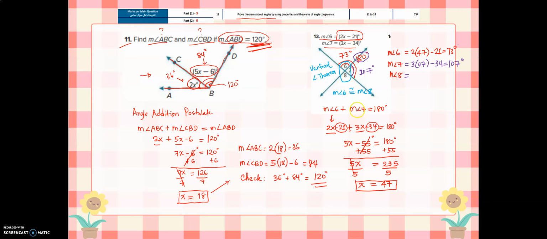So if angle 6 is 73 degrees, then angle 8 is also equal to 73 degrees.